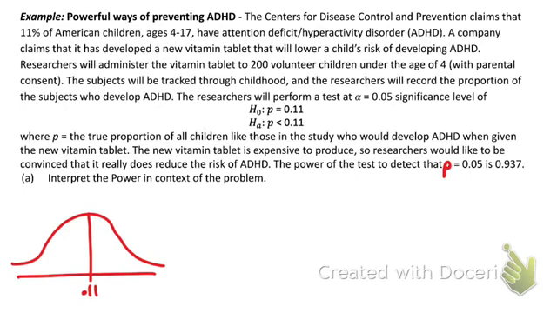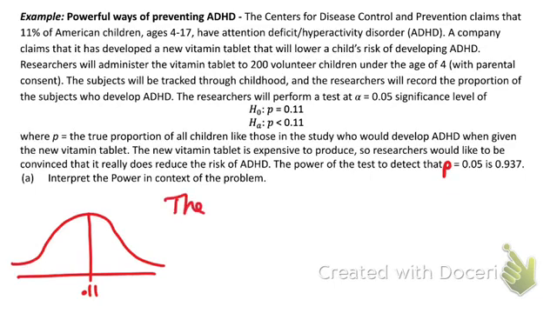We're giving them this new vitamin to prove that the true proportion has decreased. To prove that P is all the way down to 0.05, we would have a 93.7% chance of proving that.